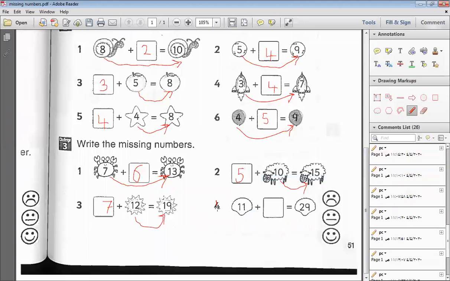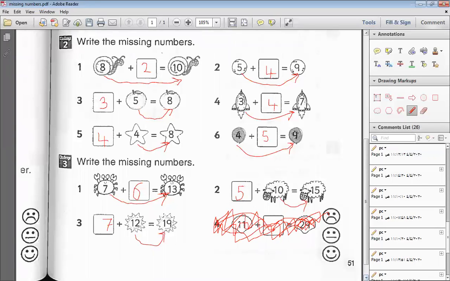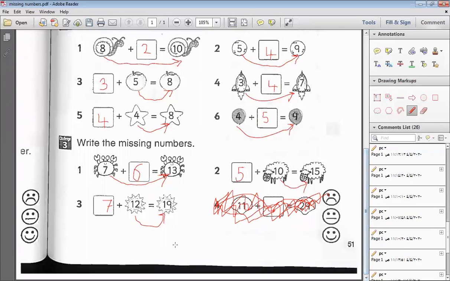Don't do number 4, okay? Cross it. It is somehow hard for you and you will take it also next year, okay? So just cross it please from your book.